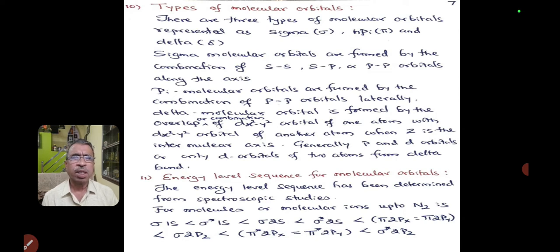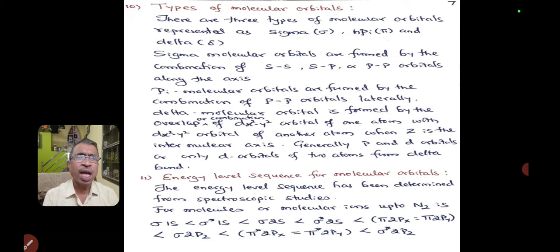Delta molecular orbital is formed by the overlap of the dx²-y² orbital of one atom with the dx²-y² orbital of another atom when Z is the internuclear axis. Generally, p and d orbitals, or only d orbitals, of the two atoms form a delta bond.